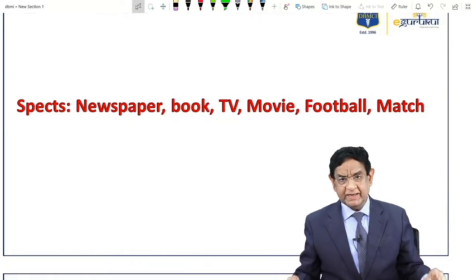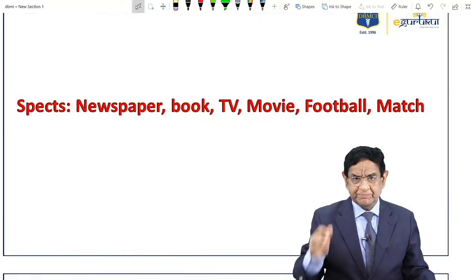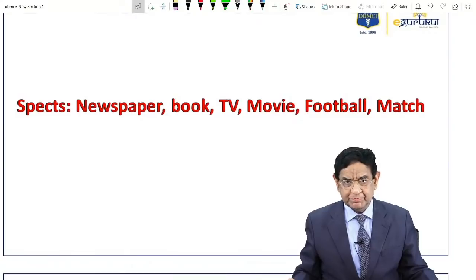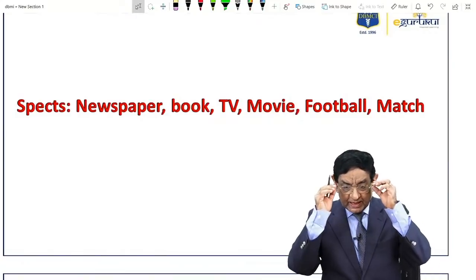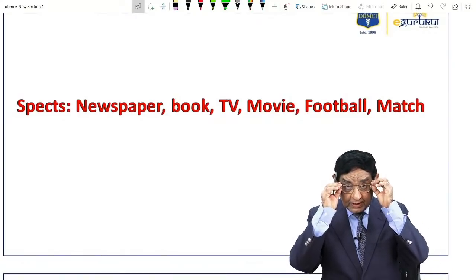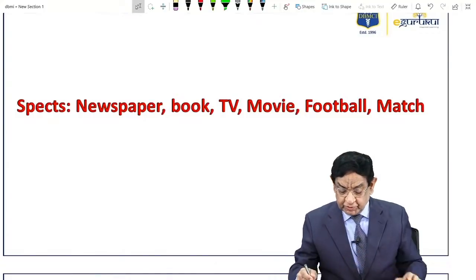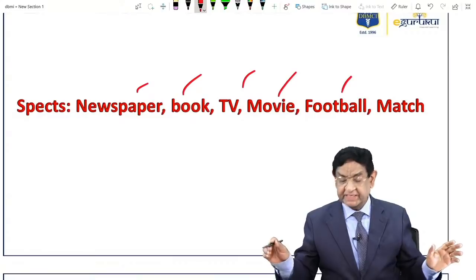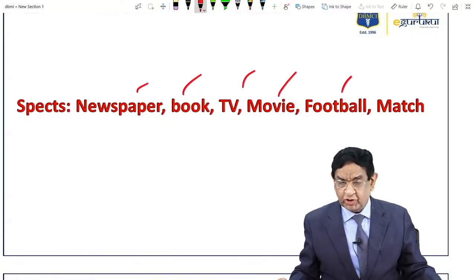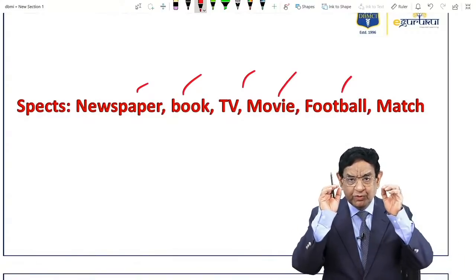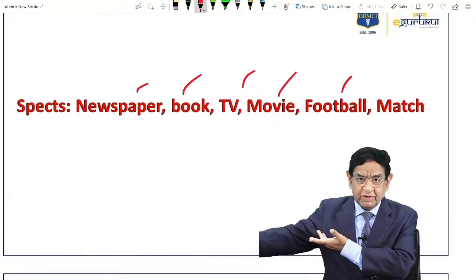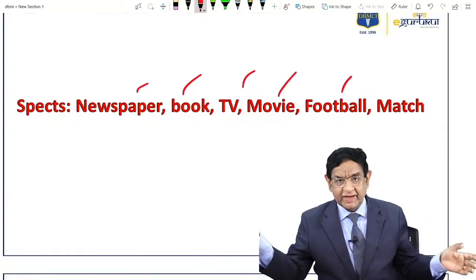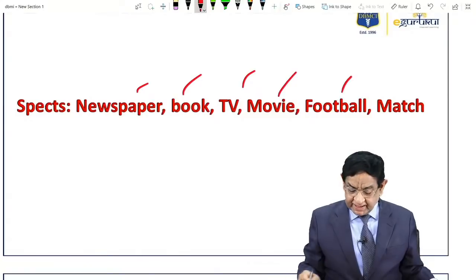What do you mean by that? Suppose you use specs. Most medicos use specs. I also use them. With the specs, you can read a newspaper, book, TV, movie, football match, etc. You can watch. But if you lost your specs somewhere, you misplaced them, can you read this? No.